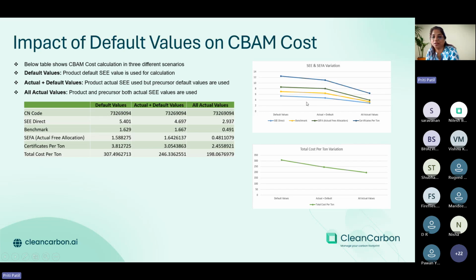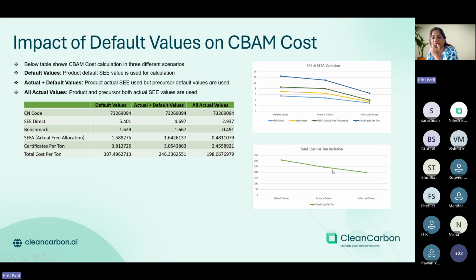These graphs will show you in a visual way how the parameters change with default values, actual values, and actual plus default. So how all these parameters change: SE direct, benchmarks, CEFA, and certificates. Everything reduces with actual values. Similarly, the cost.